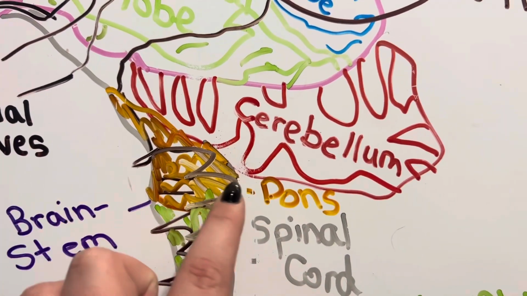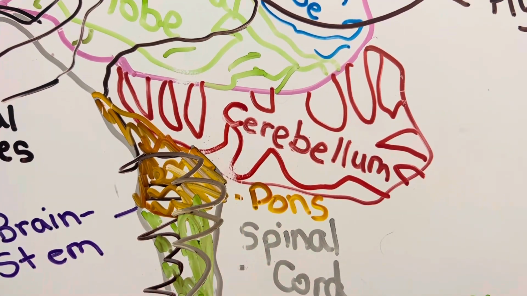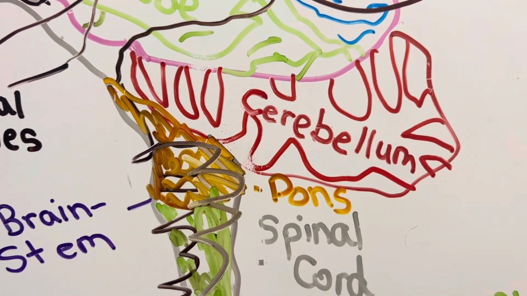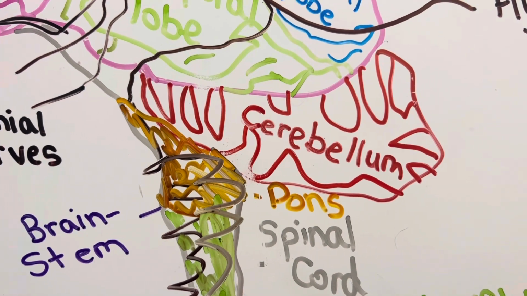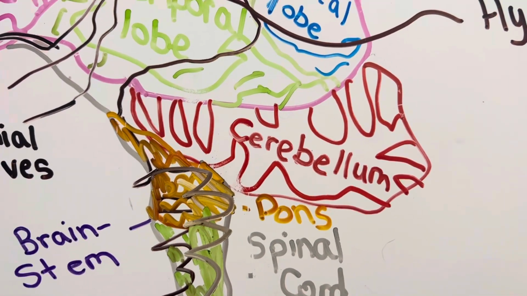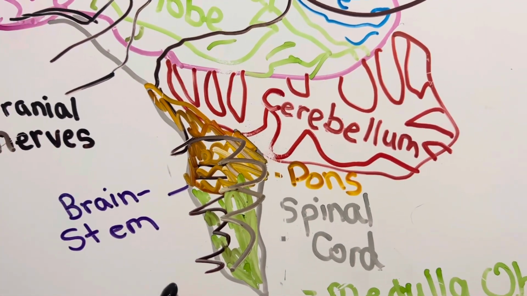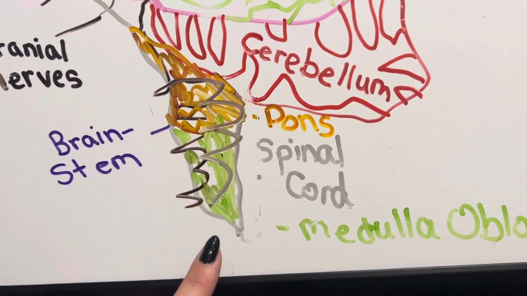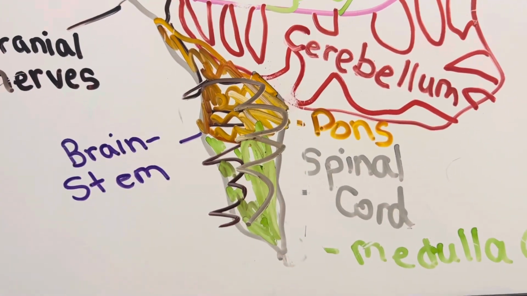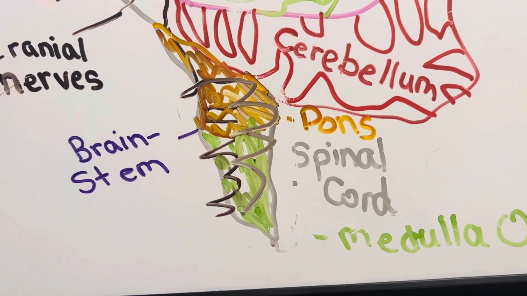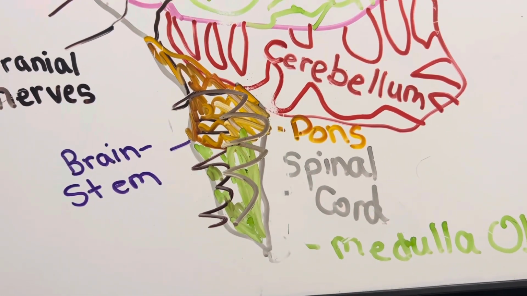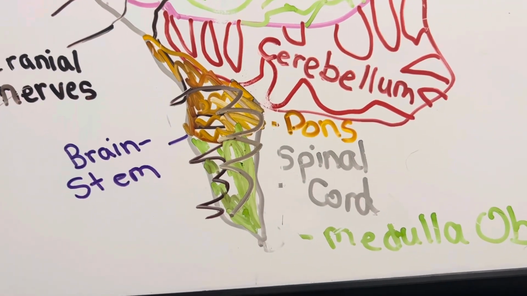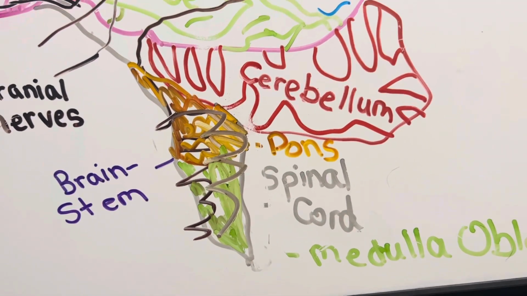Right here, this yellow part is the pons. And the pons helps control our breathing. It also contains the medulla oblongata, which regulates our heart and our body reflexes like vomiting, coughing, sneezing, and swallowing.